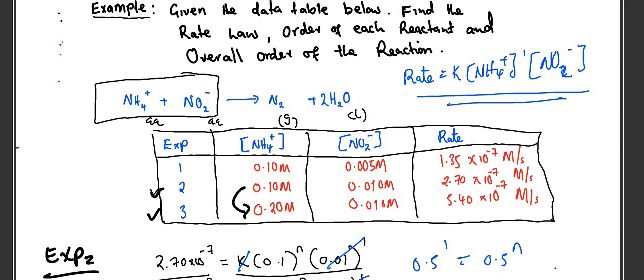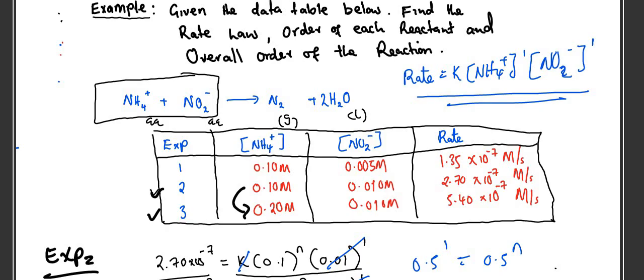The order of ammonium is 1, the order of nitrogen dioxide is 1. So the overall order of the reaction is 2. This is a second order reaction. It means it depends on 2 things for the products to be formed. That's what it means. And we can now get the rate constant.